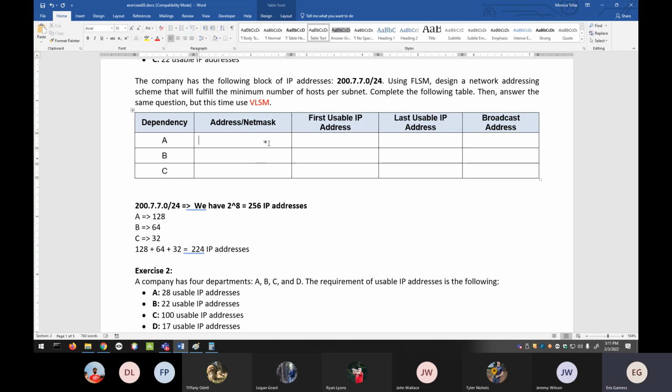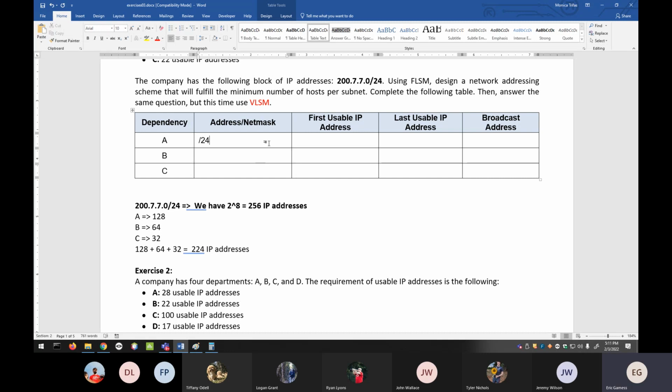If the net mask is /24, how many IP addresses do I have in this network? 256. So can the net mask be /24 for A? No, it's too big. I have to give A something smaller.